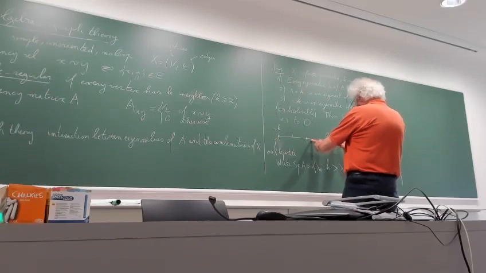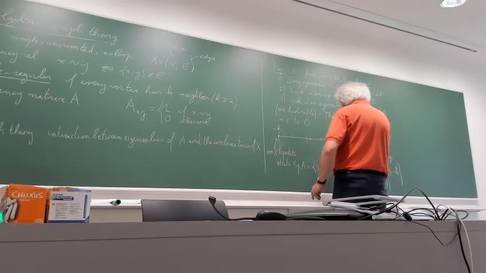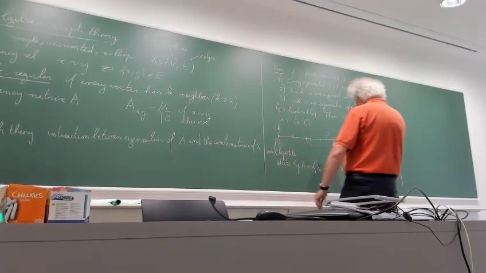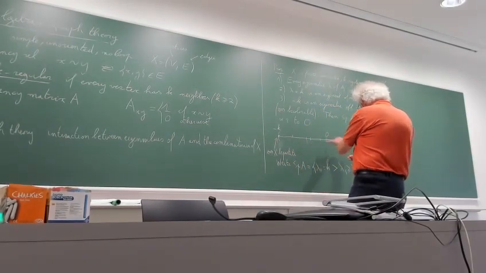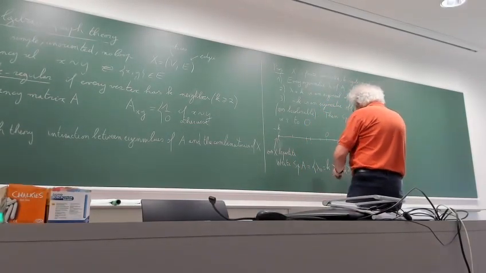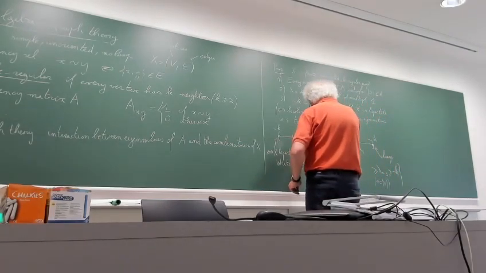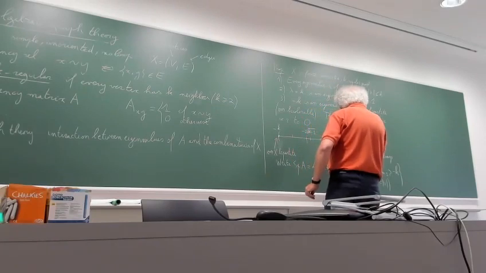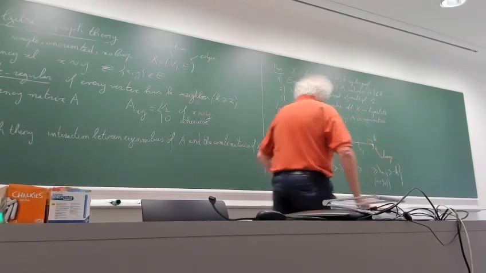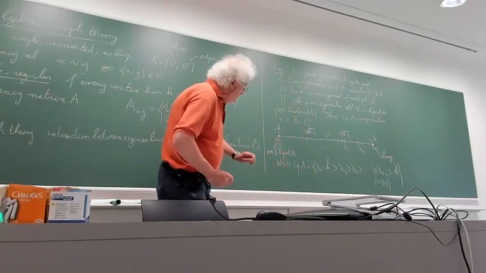Okay? And now let me add in my drawing, it should be symmetric, two more values. Here is minus 2 root of k minus 1, and here is plus 2 root of k minus 1.